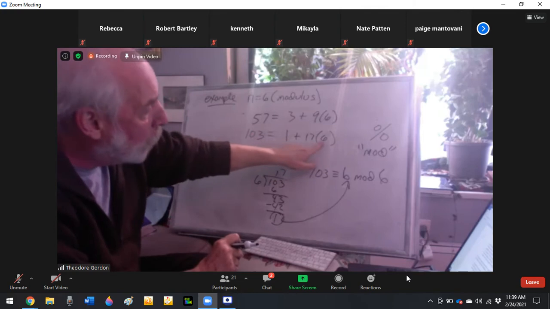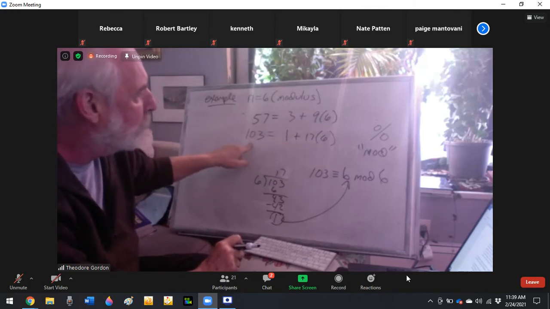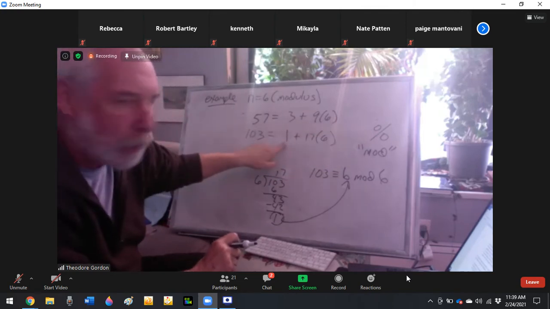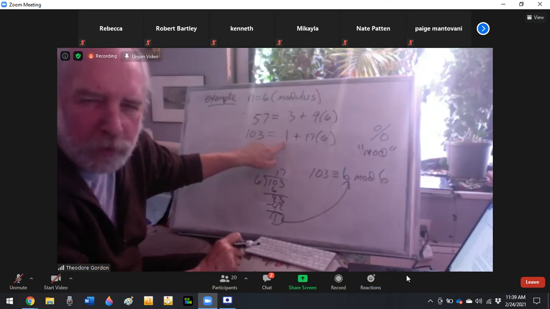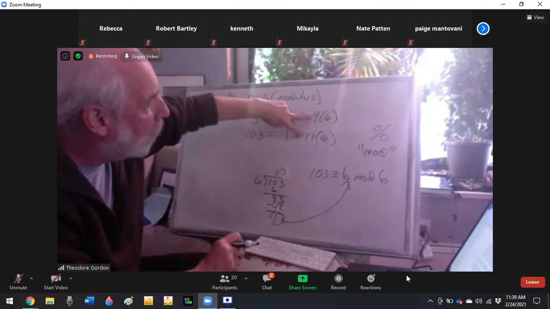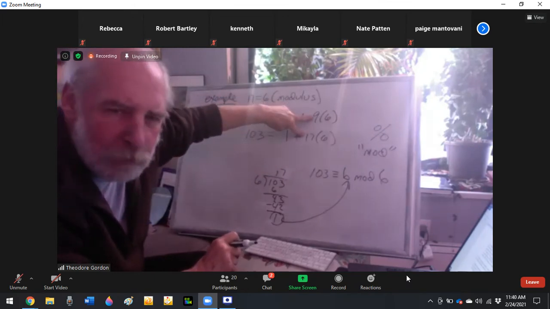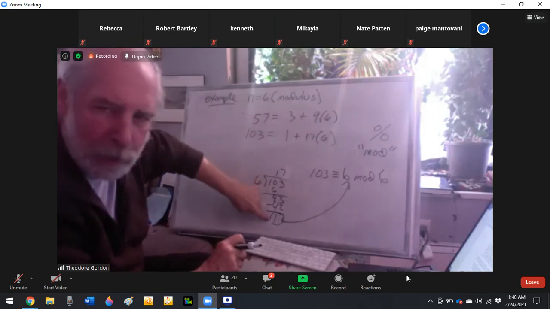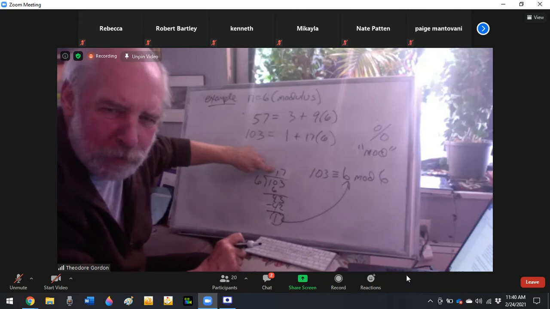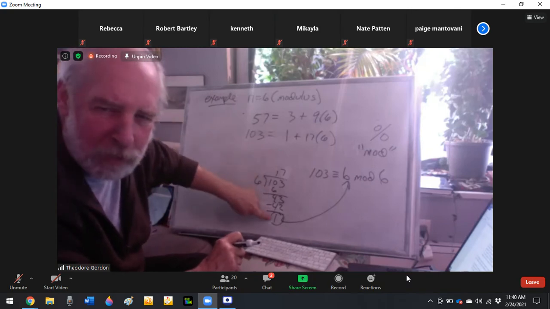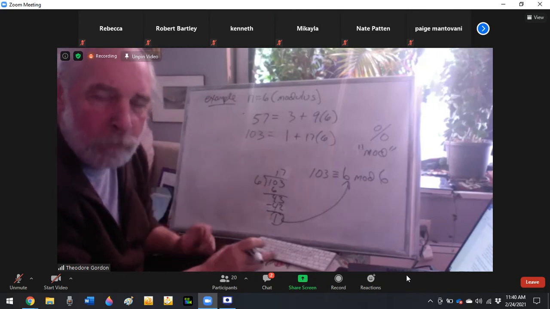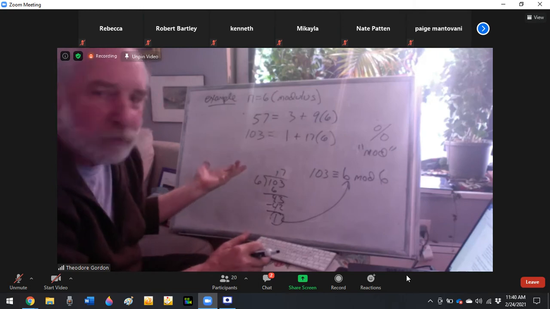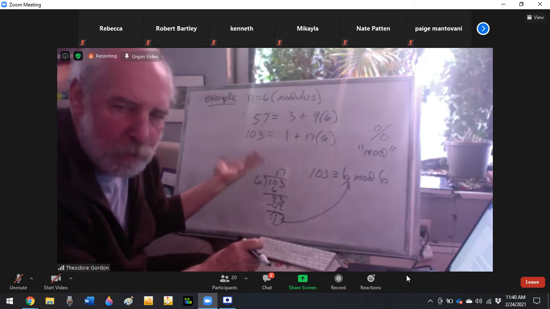If you're working with a modulus of 6, you type in 103, the percent sign, you're going to get 1 returned. So this is the mod. This other number here is called the div, D-I-V. So this is div and this is mod. I don't know what the symbol for div is. I only know that the mod is the percent sign. So some of you kind of already know what this is, but maybe you haven't seen it in this form before.